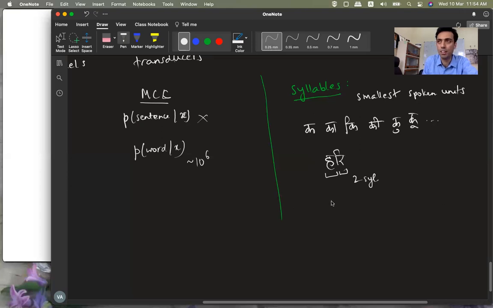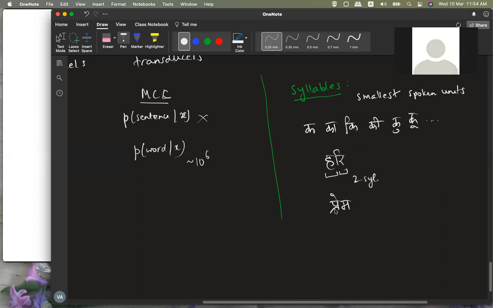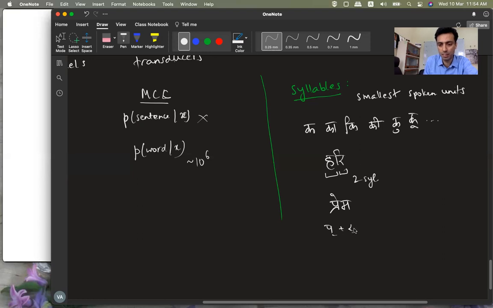Let's take another word. Something like prem. How many syllables are there? So this is basically pa plus ra plus a plus ma. Let's make it prema, because in Hindi nobody says prema.